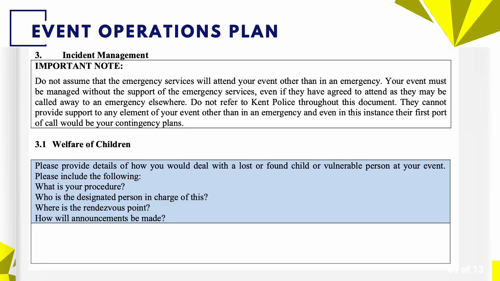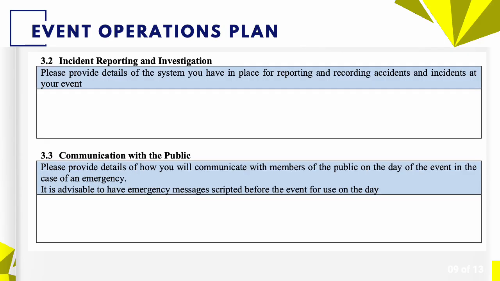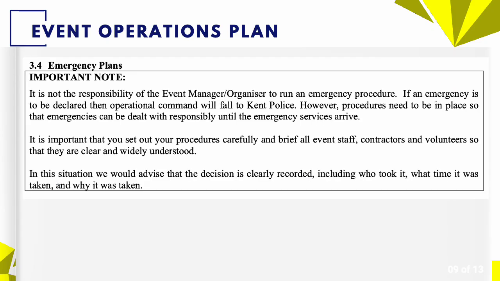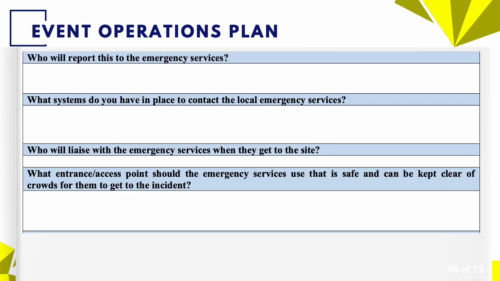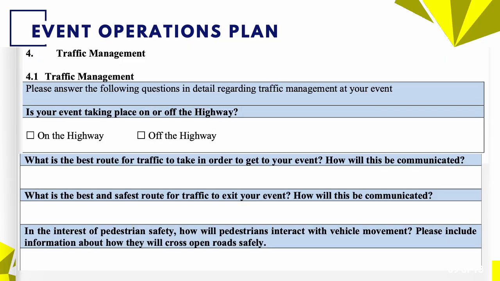Okay, in category number 3, we have also the incident management. So first and foremost is the welfare of the children. Then second is the incident reporting and investigation. Third is the communication with the public. Then emergency plans. We have here a high priority for emergencies.